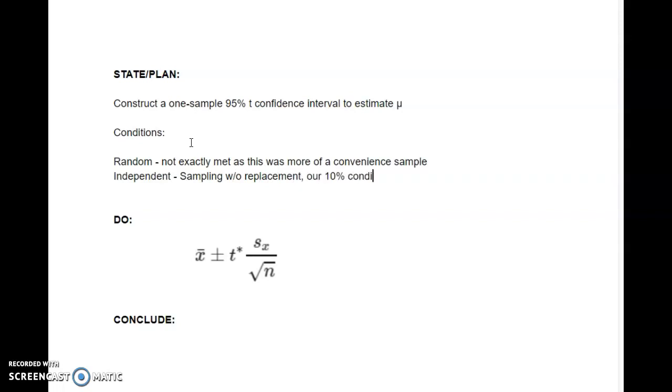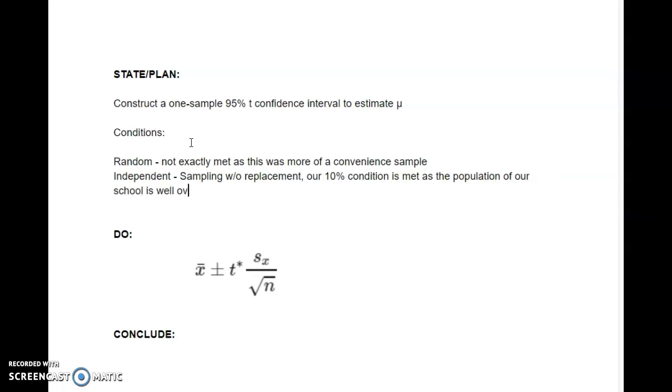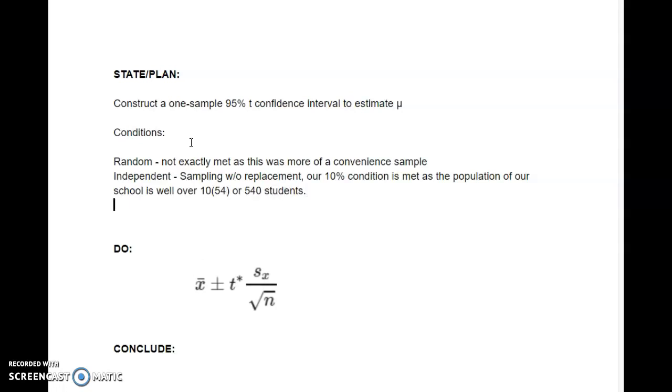Our 10% condition is met as the population of our school is well over 10 times 54, or 540 students. Normal, our large counts condition.